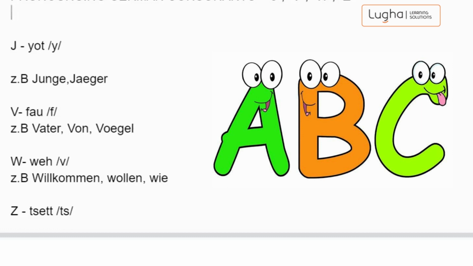Then V, it's called Fau, and it's pronounced as F. For example, Vater, von, Vögel. Then we have W, which is called Weh, and it's pronounced as V. Zum Beispiel, willkommen, wollen, wie, and I'm going to add one more here, which is Wasser.